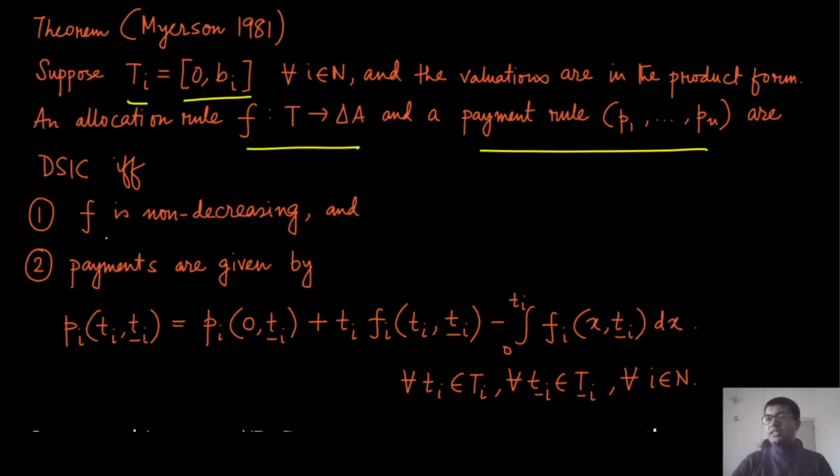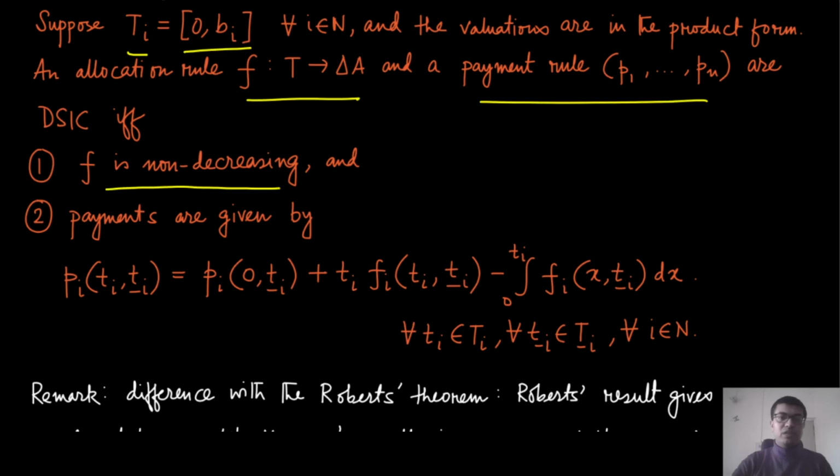The first property says that f is non-decreasing, the non-decreasingness that we have just discussed, and payments are given by a very specific formula, called the Myerson payment formula. You have one constant, which is at t_i equal to 0, and then you multiply the type t_i with the allocation probability, and subtract the integral of that allocation probability f_i, integrating between 0 and t_i.